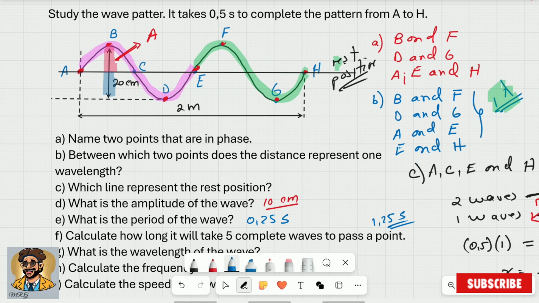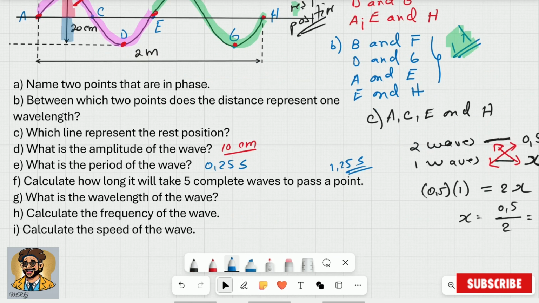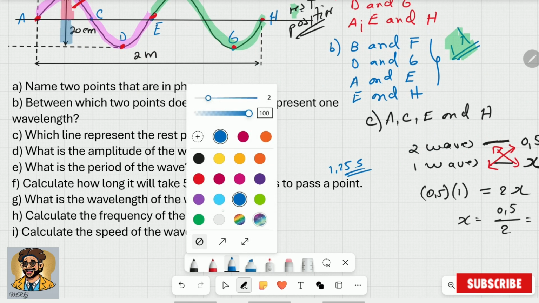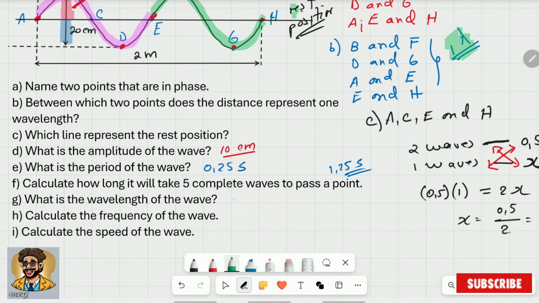So 2 meters for 2 waves. Wavelength is for 1 wave. How much will 1 wave be? 1 meter. Okay? That is why they don't say calculate. They say what is, because the numbers are there. So the wavelength that you can see here, quite simple, is going to be 1 meter. Do you understand why 1 meter?